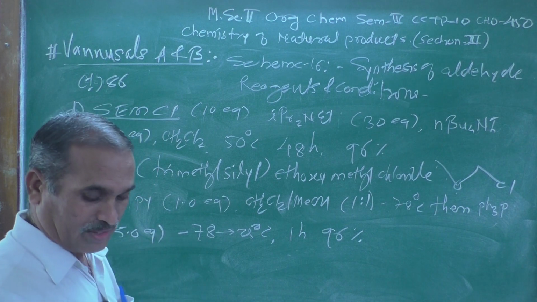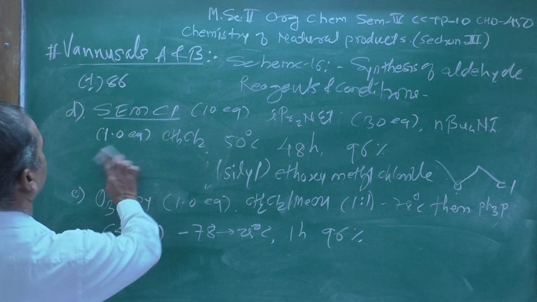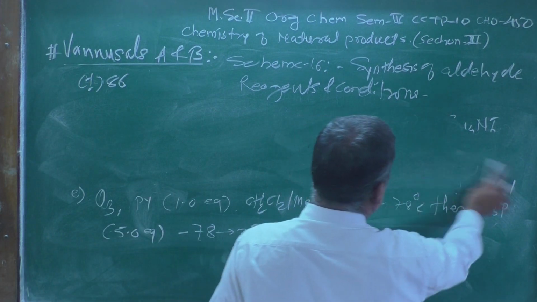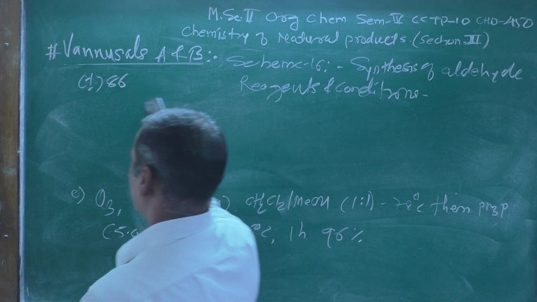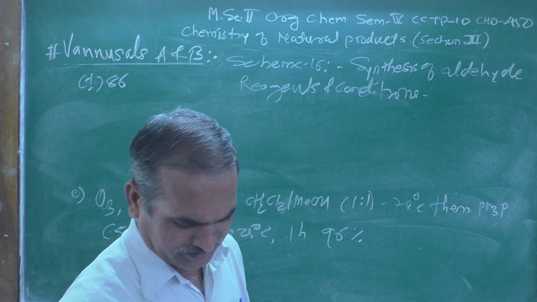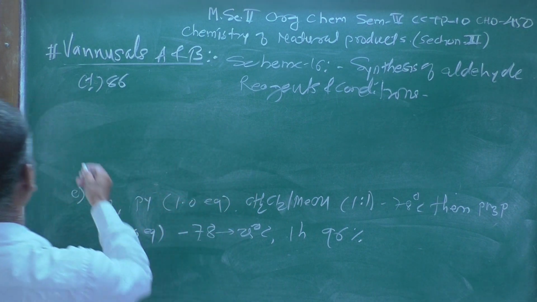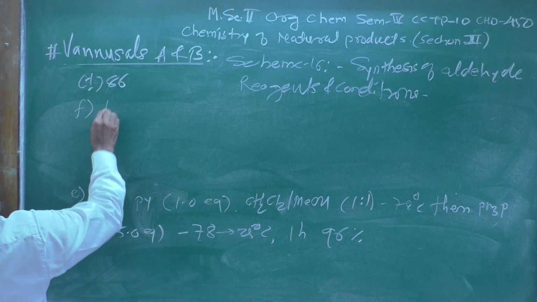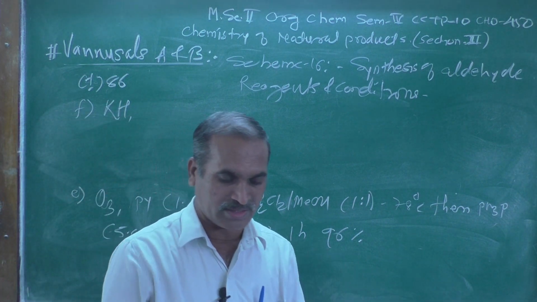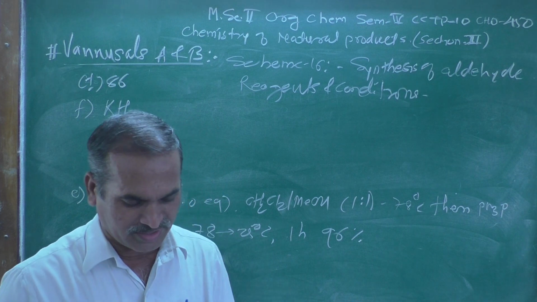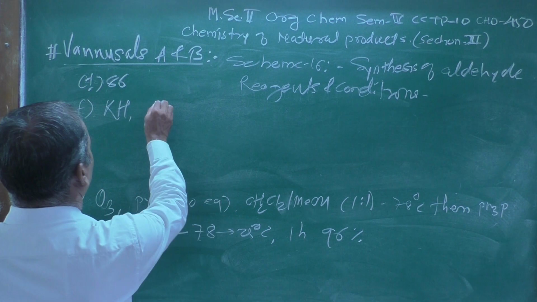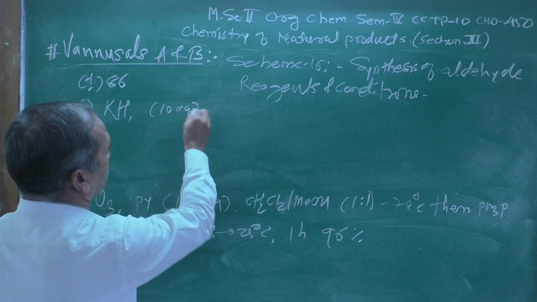Now after that, let us see the next reagent, not the structure. The next reagent will be the F reagent that we are going to use here, that is KH, and everybody knows KH is one of the bases, potassium hydride, which was taken near about 10 equivalent.